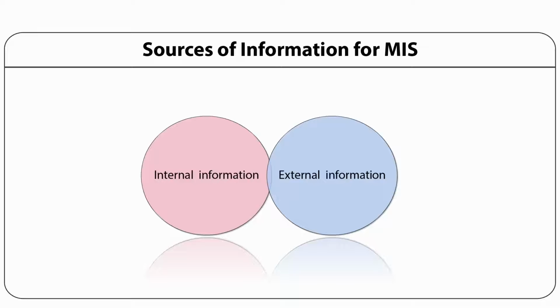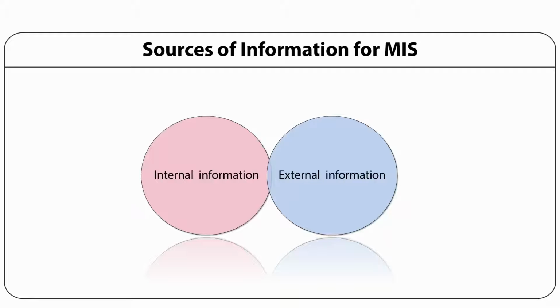So all kinds and categories of internal information generated by an organization is the chief source of information for MIS. In addition to that, the other source, the external information, is information about market trends, the economy, competitors, mailing lists of potential customers available from news sources, organizations' publications, industry magazines, and increasingly through the World Wide Web.